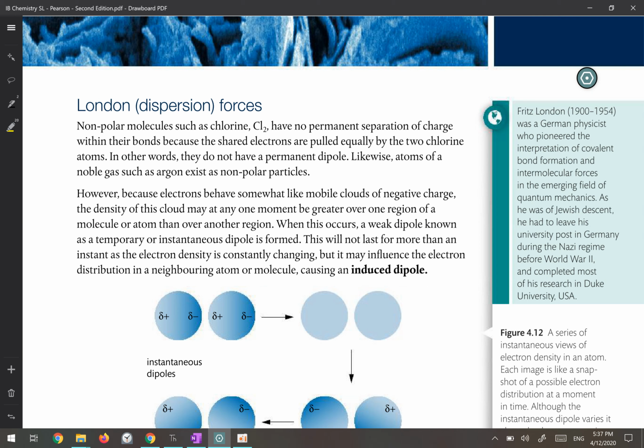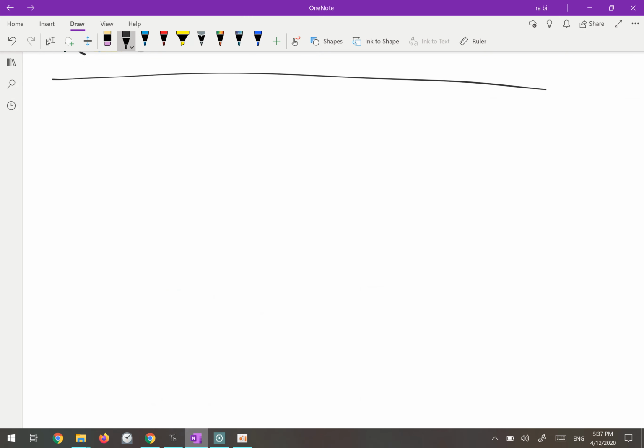The first type of force that we want to talk about is London dispersion force. What is the London dispersion force? This is the type of force available between all of the molecules, but it's very important for non-polar molecules. As you know, non-polar molecules are the molecules which don't have a dipole.